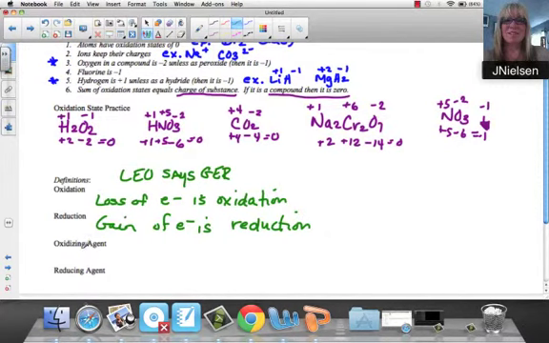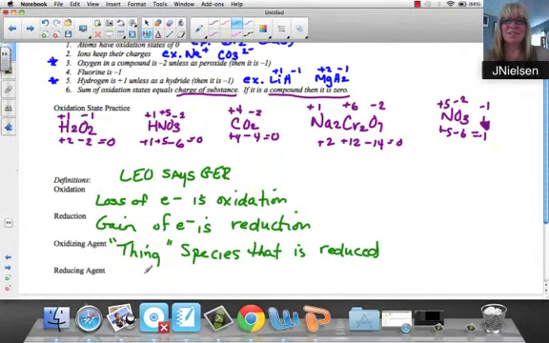Remember that the oxidizing agent and the reducing agent are opposite. So the oxidizing agent is the thing, really the species, that is reduced. And the reducing agent is the thing or species that is oxidized.